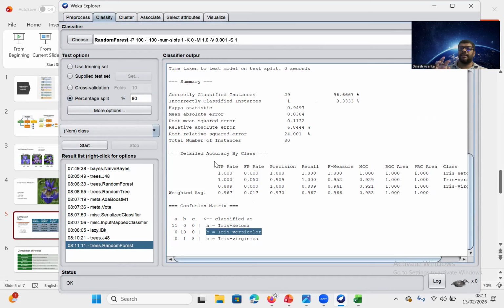So now you will understand how to identify a classification model for your selected dataset. So don't just go by the accuracy. You have to look at the other evaluation parameters, precision and recall mainly.